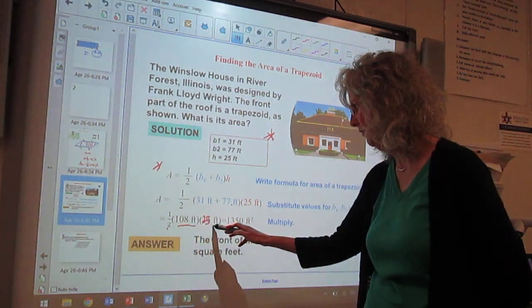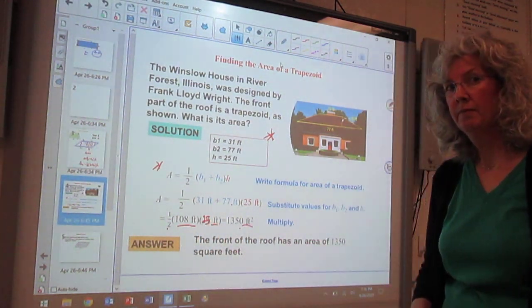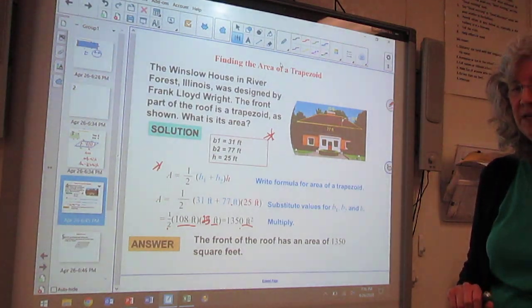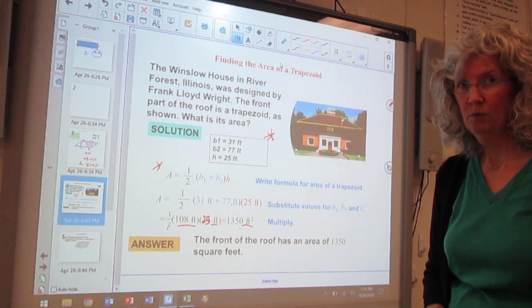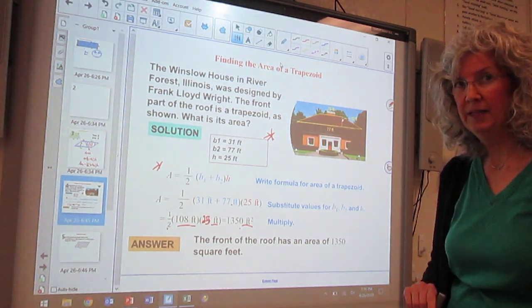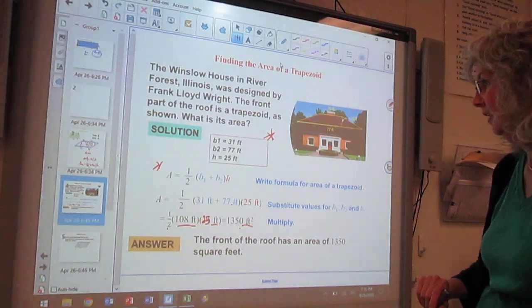The feet times the feet make my feet squared. Looking for an area, you better have square units. You better multiply the length times the length. Okay? Think about that. Repeat that video if you need to.